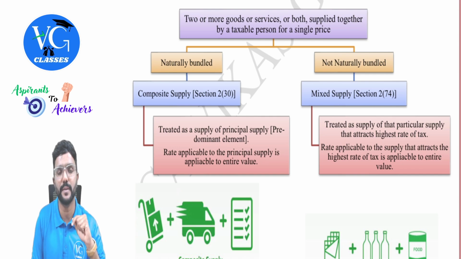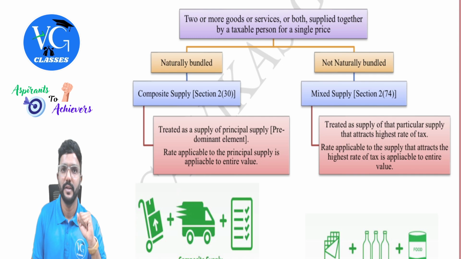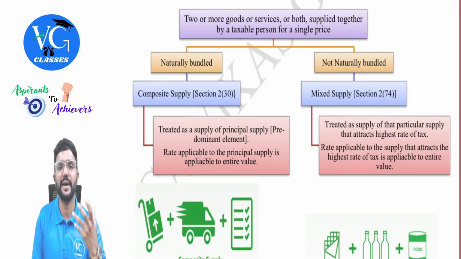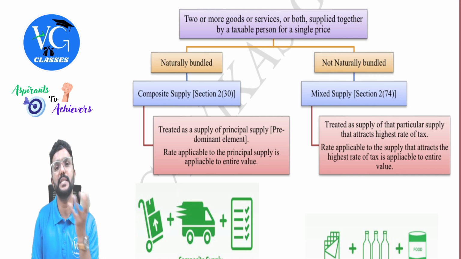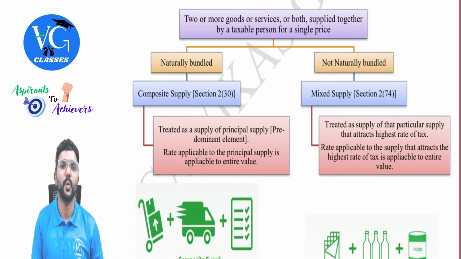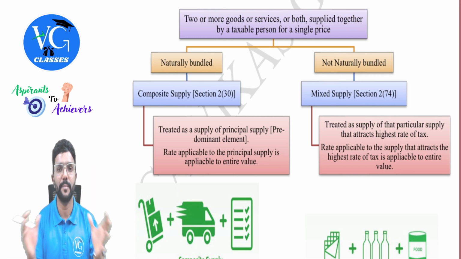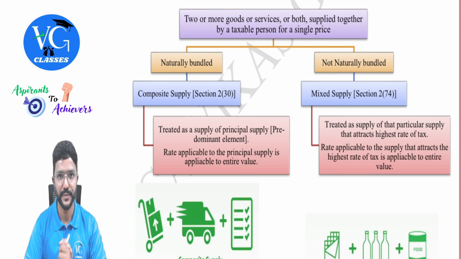But what would be the principal supply there? Ticket. The exhibition of the movie or cinema will be the principal supply. So whatever rate is applicable for the exhibition of cinema service will be applicable on the entire value when both are provided for a single price, guys.